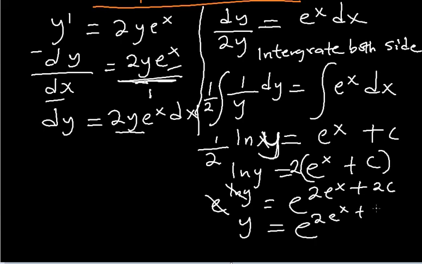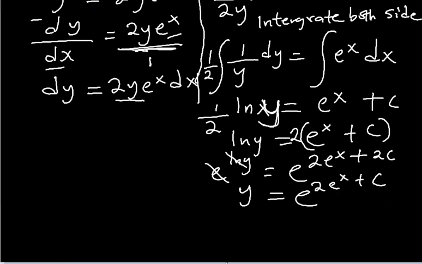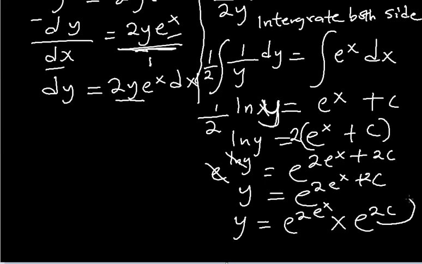So I can do something to this, applying the law of indices. This is also equivalent to exponent 2 exponent x times exponent 2c. So you know that this is the law of indices.